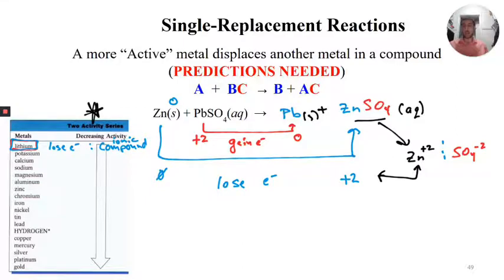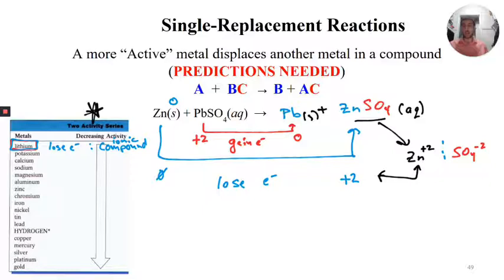If we look at something lower in activity, it wants to lose electrons less. In all cases, it's still ranking the loss of electrons when we're looking at our activity series. So if we move to gold, we're still talking about it losing electrons. It just really doesn't want to lose electrons.